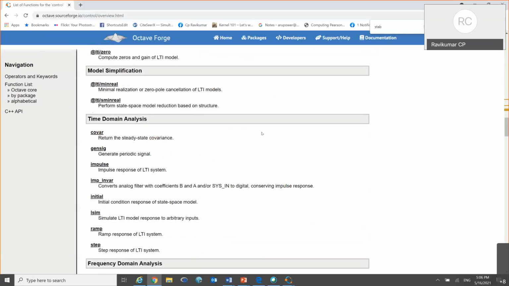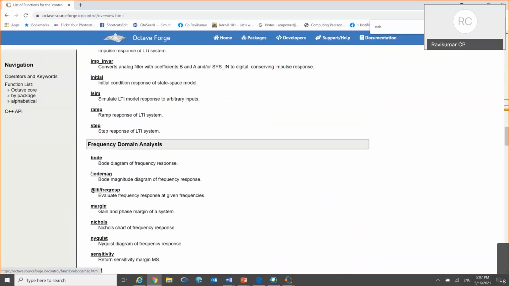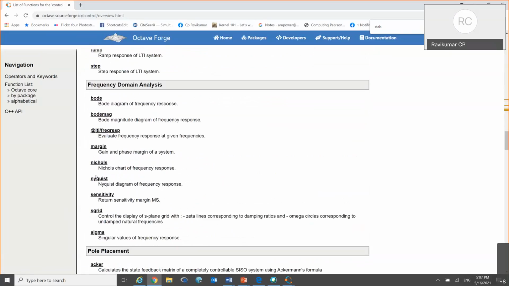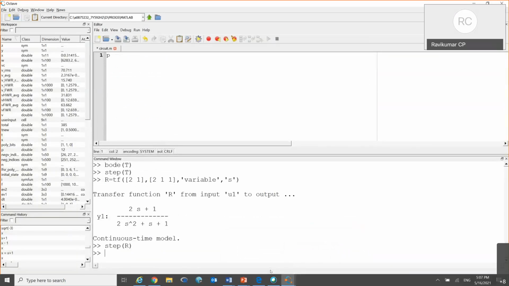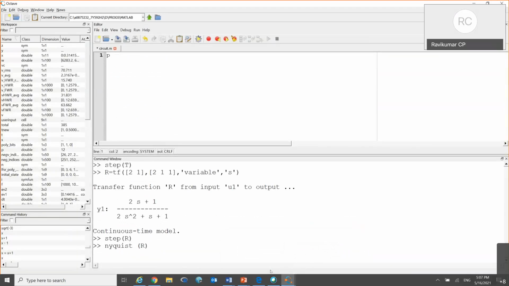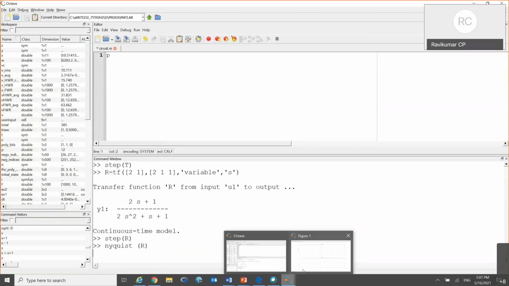There is one function which tells you, you can see the impulse response. Nyquist may be useful. So this gives you the Nyquist diagram, which sometimes they ask you to do in college.